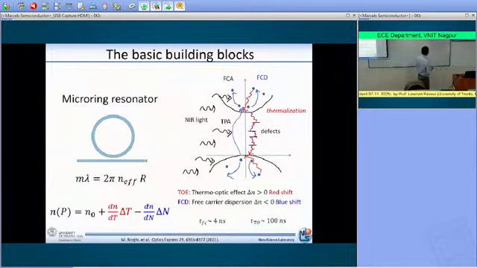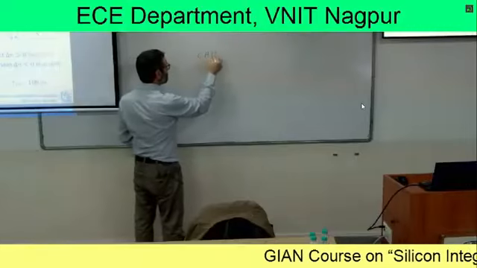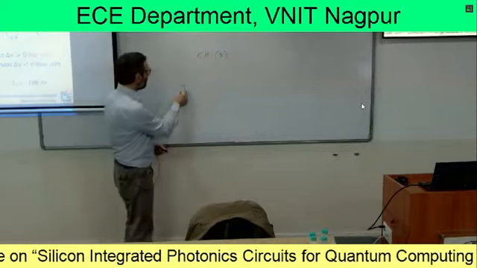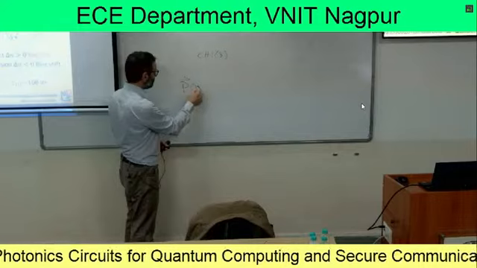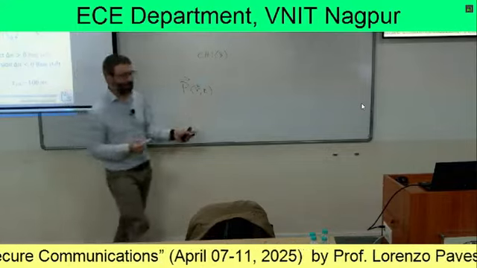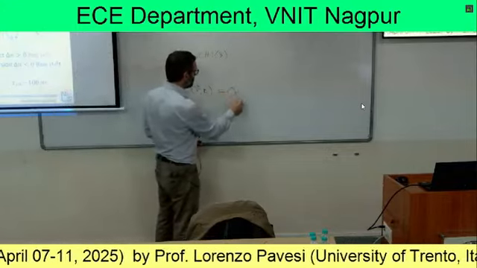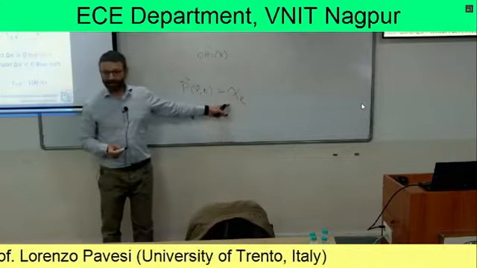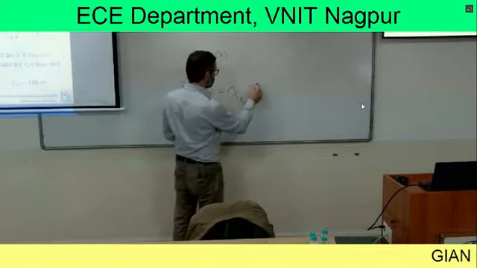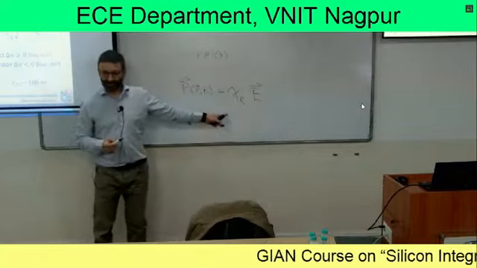So this is an effect associated with Chi3. Do you know anything about Chi3? Do you know the polarization? The polarization vector, okay? You know that the polarization vector is typically equal to the electrical susceptibility times the electric field. And this is the linear response.